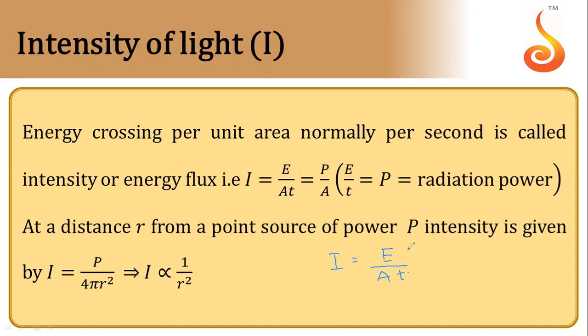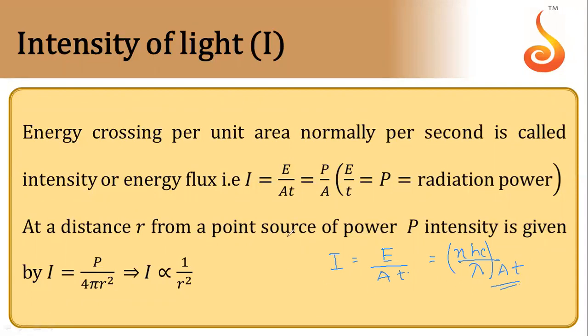So that will be your formula of intensity. Now energy formula we have already found, like hc by lambda will be energy of one photon. Okay, and let's say n number of photons are falling, so that will be the total energy of photons which will be falling. So from here you can calculate the intensity also.